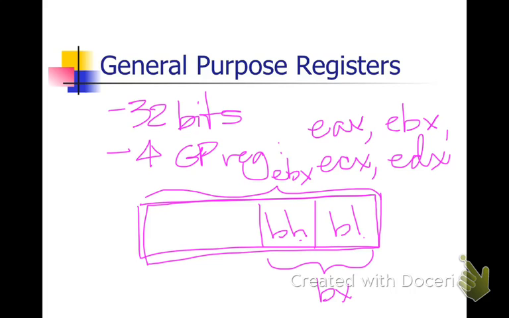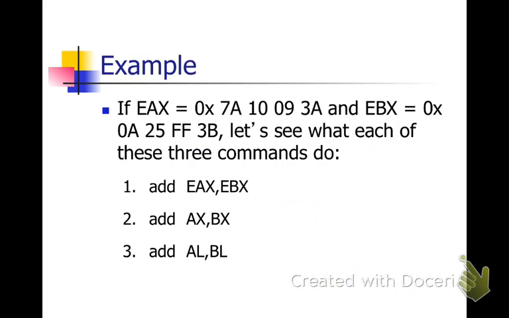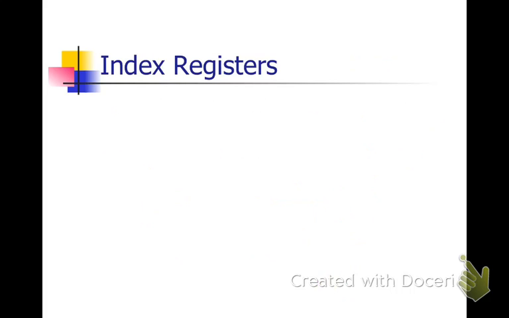I also have some index registers. Let's go back. We'll do these also in class. I've got 2 of them that we're going to talk about right now, then we'll talk about 2 kind of special purpose index registers. So the first one is ESI, or my source index register.